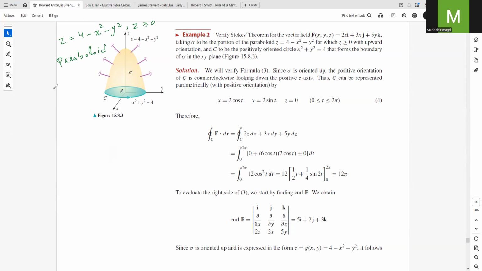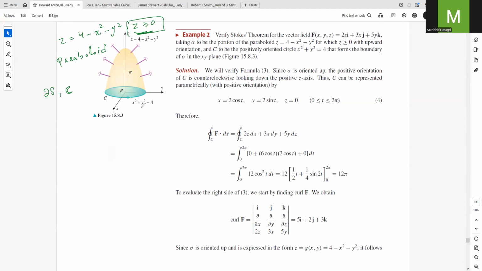The boundary curve, that is ∂S, or simply C, is sitting on the xy plane. So z greater than or equal to 0 means that it cannot go inside below the xy plane.